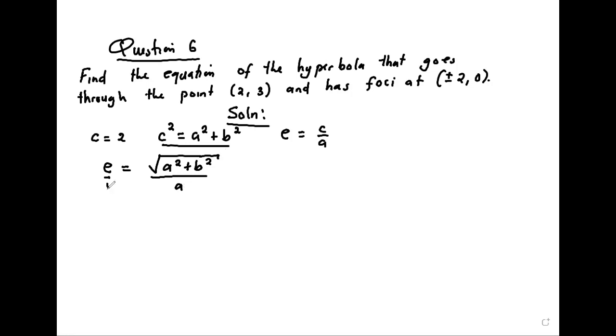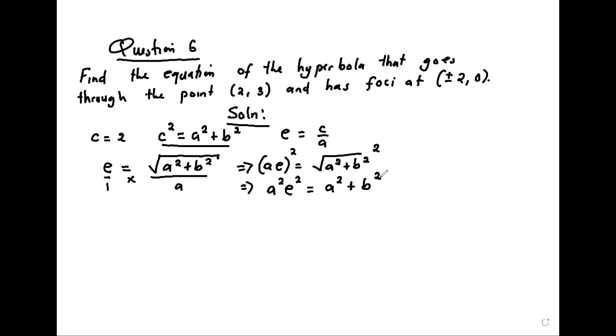If I cross multiply, I have a times e equal to the square root of a squared plus b squared. Squaring both sides, I get a squared e squared equal to a squared plus b squared. So we have this equation there.